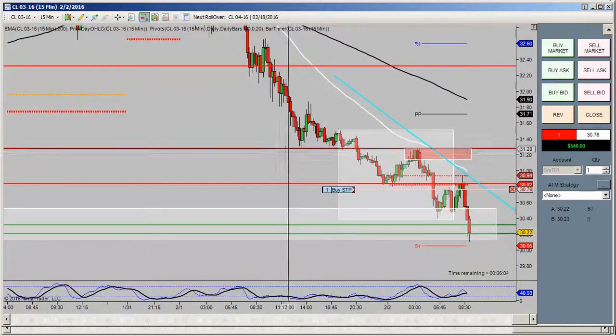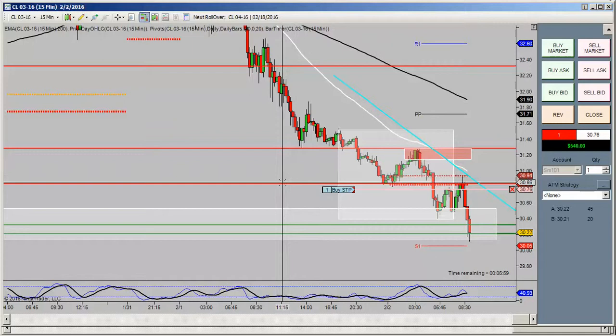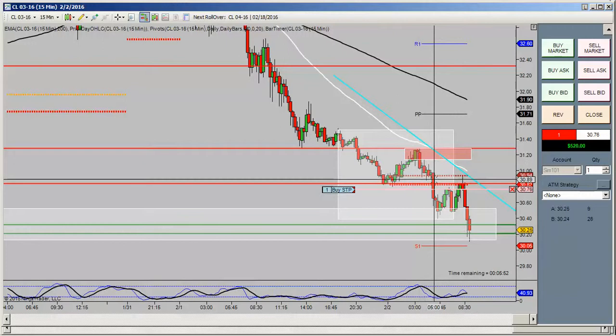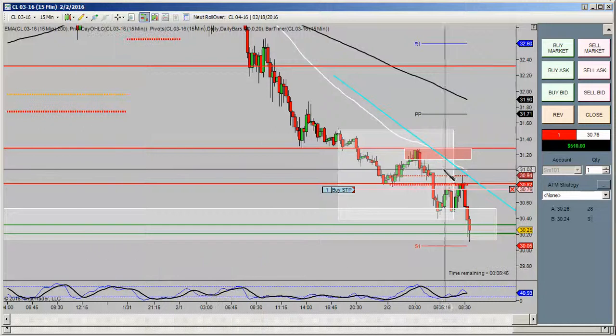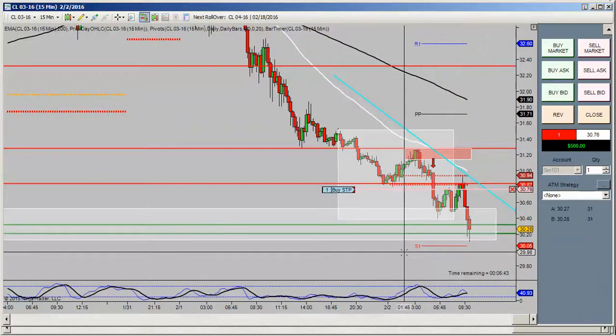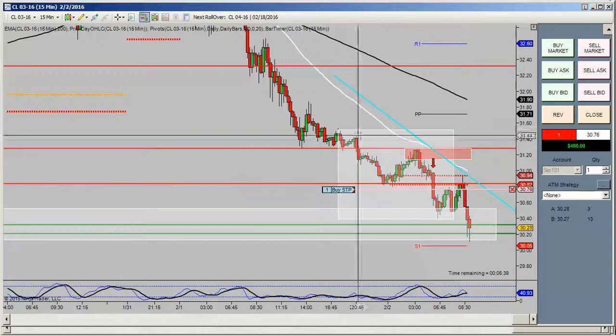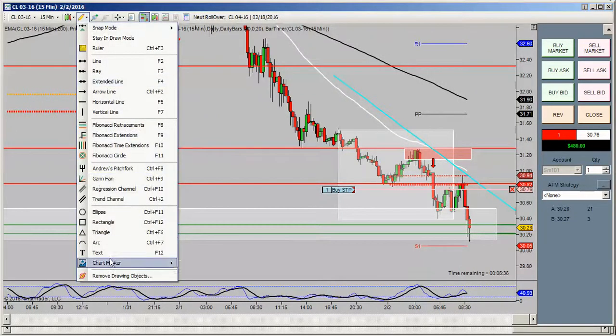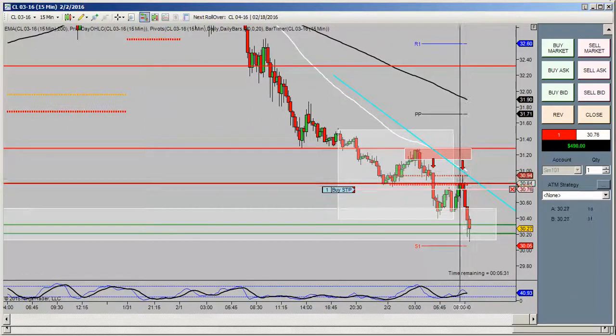So here I identified a support level, which is now resistance, and at 30.84 I also identified a support level which was broken at 5 o'clock this morning on this candle here, and we hit a little demand area, retraced back, and on this second candle on the retracement, that was my entry.